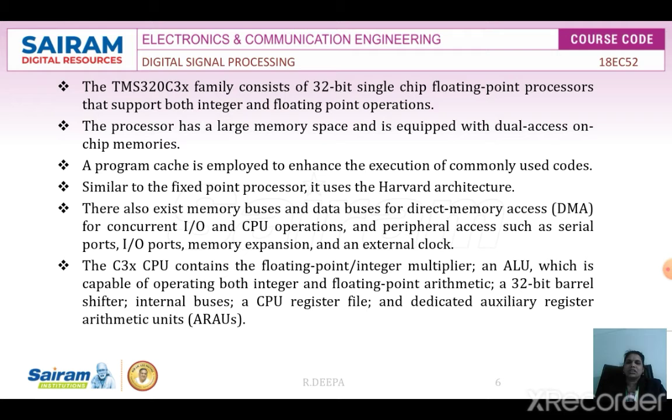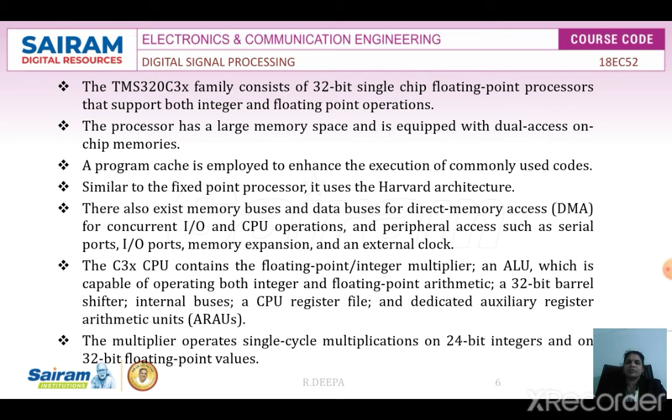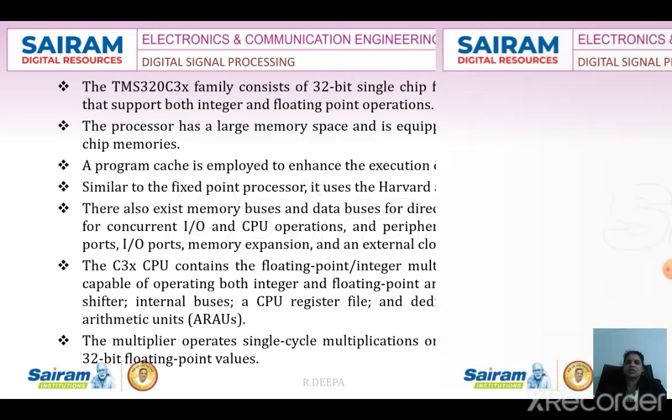It also has some internal buses and CPU registers, and we have dedicated auxiliary register arithmetic units, which are named ARAUs. We also have a MAC unit, which is capable of performing multiplications on 24-bit integers as well as 32-bit floating point numbers.